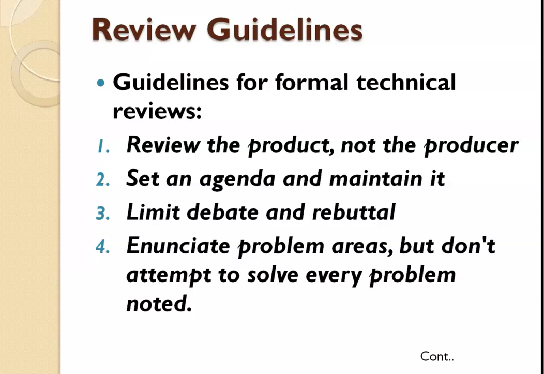We have to see only the product, must not talk about the producer, must not give any comments about the producer. Whenever we present any comments, we have to point it out in a gentle manner. The review leader has all the authority to halt the review if it goes out of control. That is the first thing.